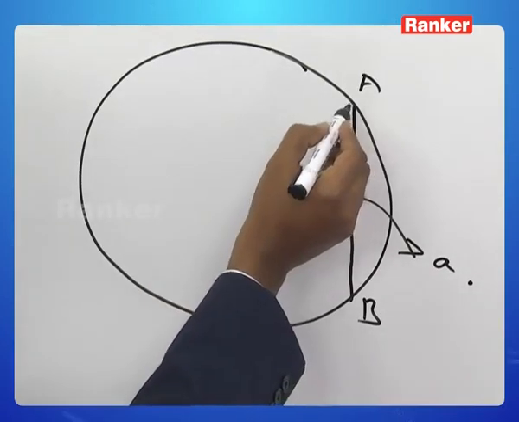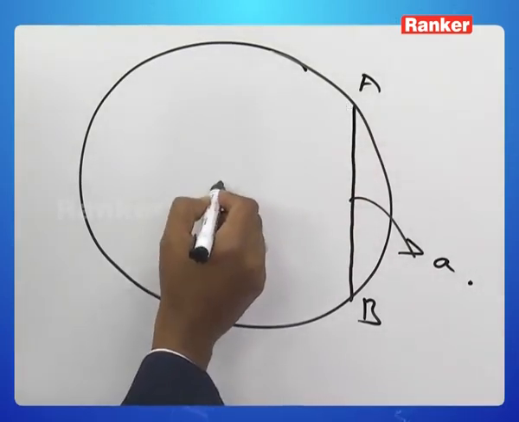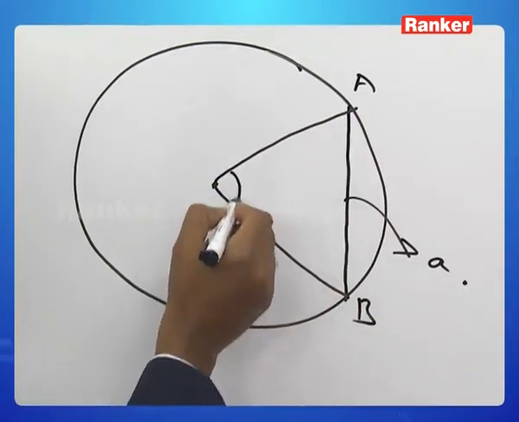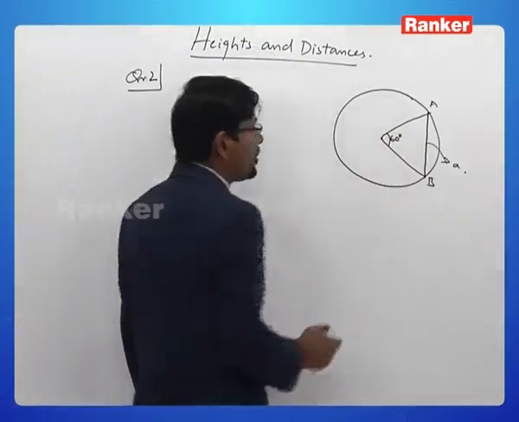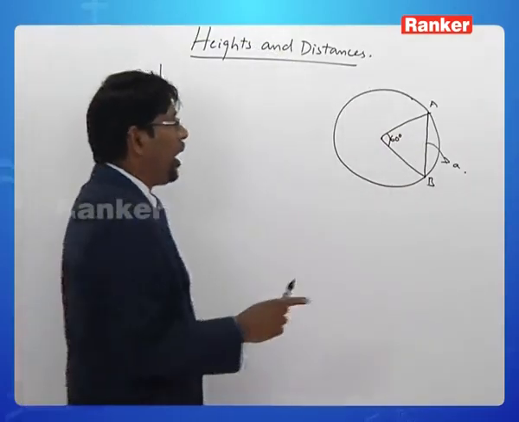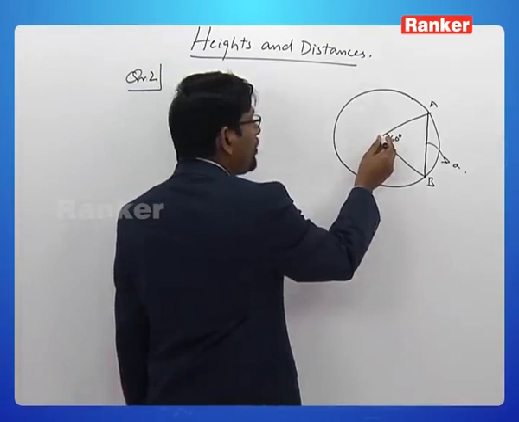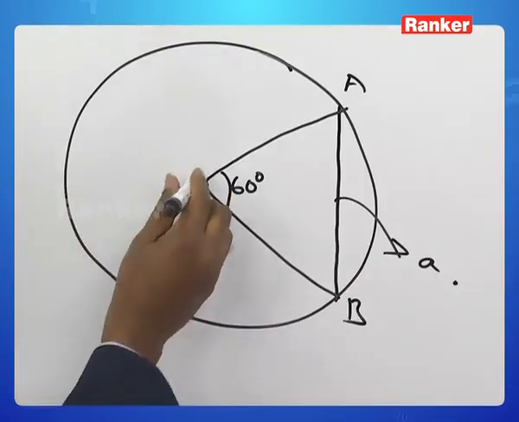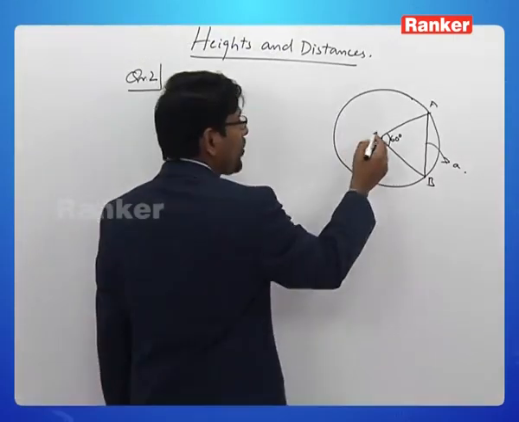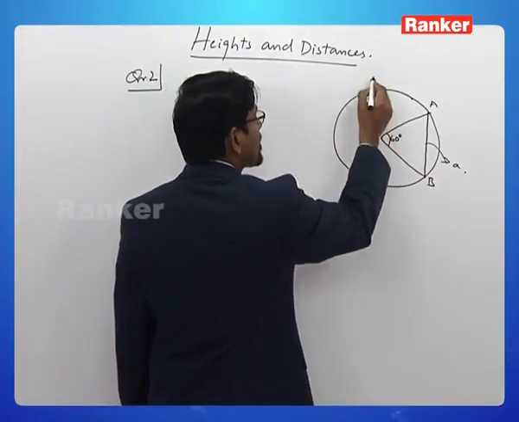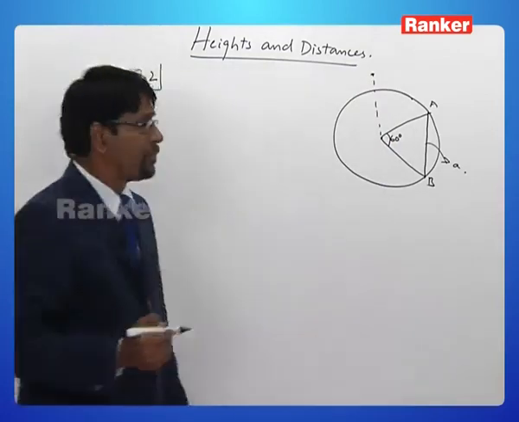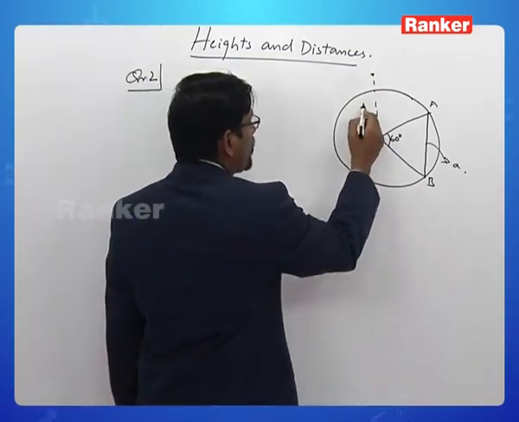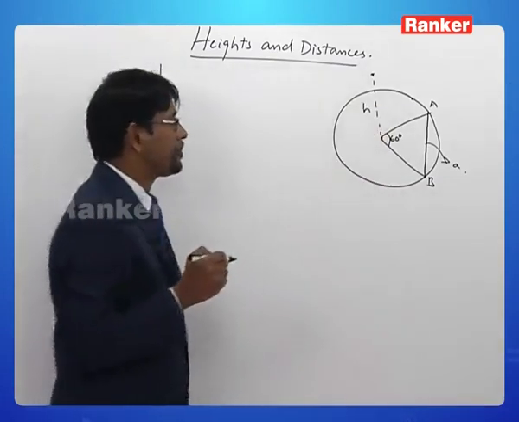Now he says that this AB chord is subtending an angle 60 degrees at the center, and here we have a tower situated here at the center. So there's a tower here. We want to find the height of this tower.